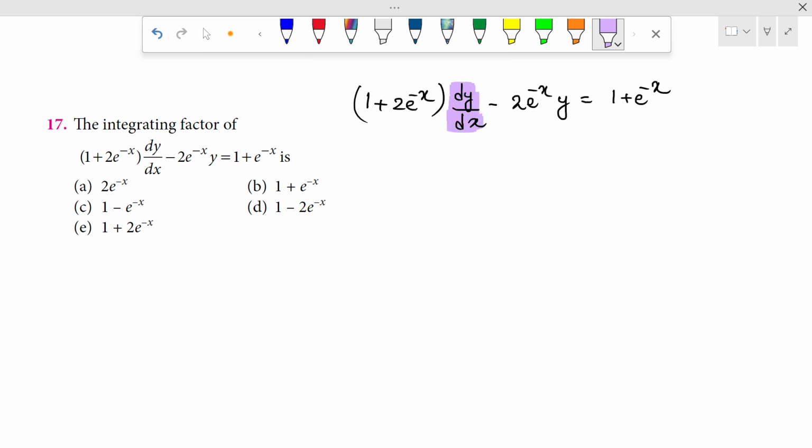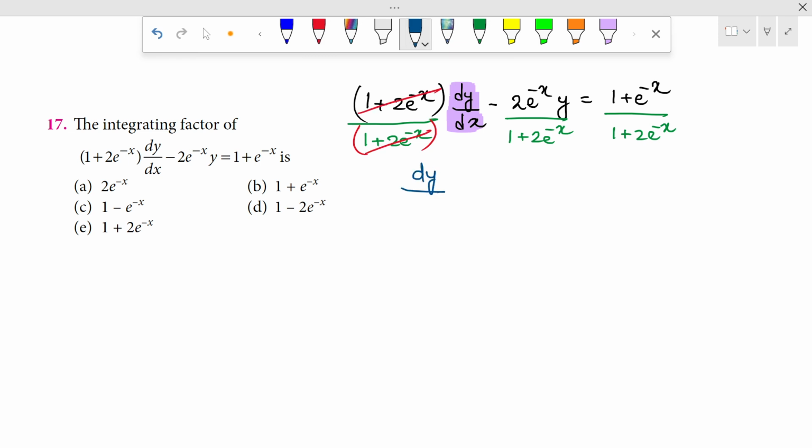How can I do that? For that, I have to divide both sides by 1 plus 2e raised to the power minus x. If I do that, these terms will cancel out. Now I have the coefficient of dy by dx as 1, and the other side is (1 minus 2e^(-x)) by (1 plus 2e^(-x)).